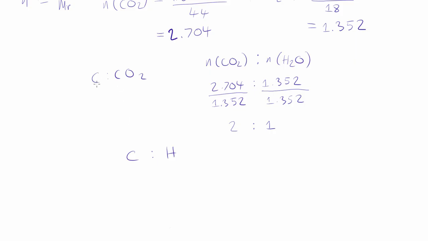So for every carbon, we've got one CO₂, so we know that that's a 1-to-1 ratio. But when we look over here at the H₂O and we look at the ratio between hydrogen and H₂O, we know that for every 1 hydrogen, there is 0.5 H₂O, right? So we need 2 of these to get 1 of these.